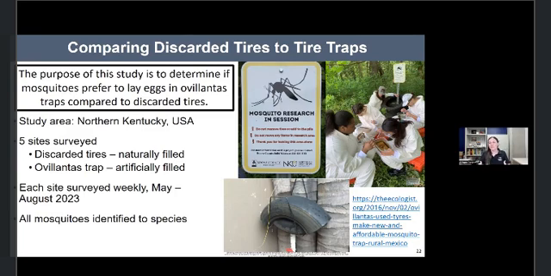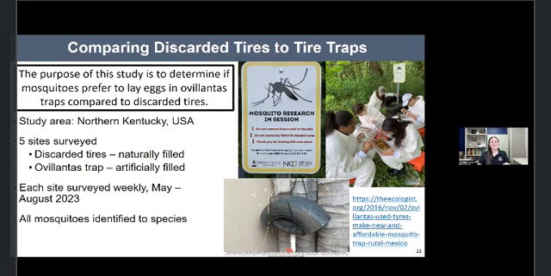If we see in Northern Kentucky that they're laying their eggs in these traps, because they've been tested in Mexico and they work, but we don't know if they work for our mosquitoes in Northern Kentucky, then next summer we're going to do a citizen science project where we give these traps out to members of the public, and then we monitor to make sure they're using them correctly.